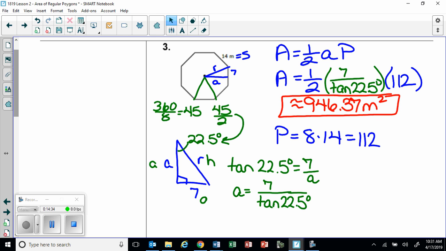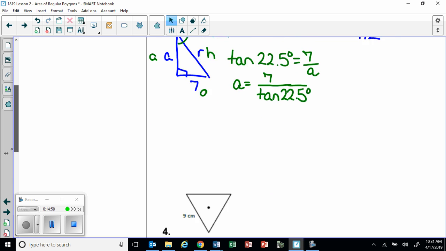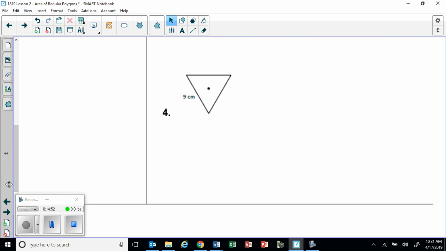Then I found my perimeter, 8 times 14, and substituted that. And then I used parentheses on my calculator to put that whole expression in at one time to end up with 946.37 meters squared.